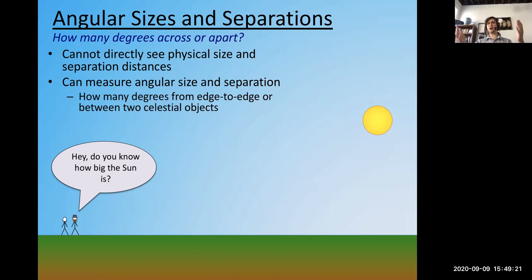And when you look at the stars, you see two stars in the sky. You can't just look at them and judge, I've got one right there and one right there, that's definitely 7 light years. You just can't do that. What we can do is measure how much of the sky something spans, and we can remember that there are 360 degrees in one full circle.